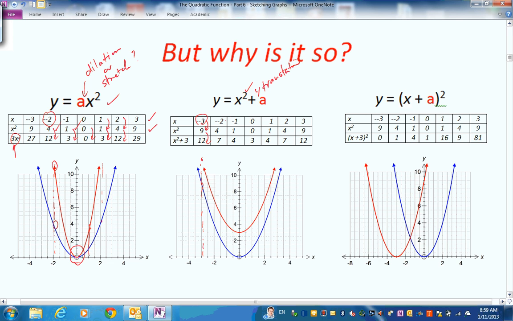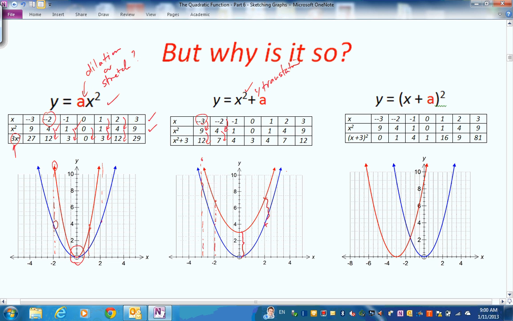Let's do another one. -2 when you square it is 4. Okay, and then when you add 3 is 7, so 4 goes up to 7. Can you see all the points are moving up by that a value, which here I've used as 3. They're all moved up by 3. Okay, the gap there is always the same.